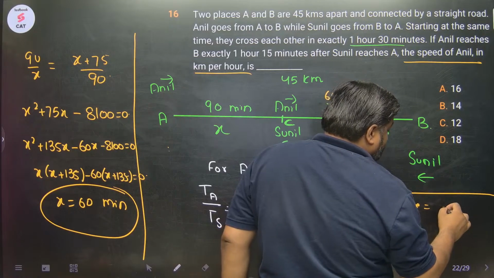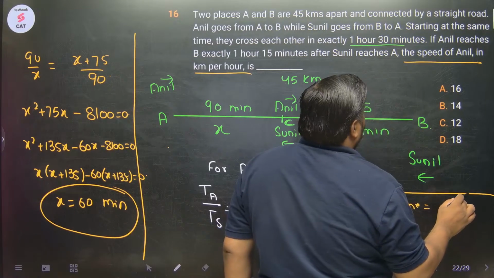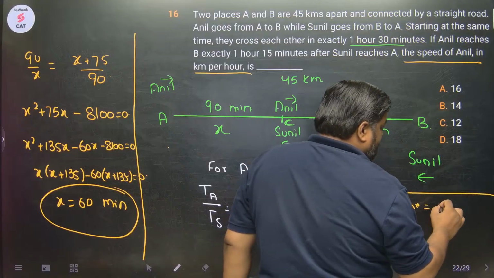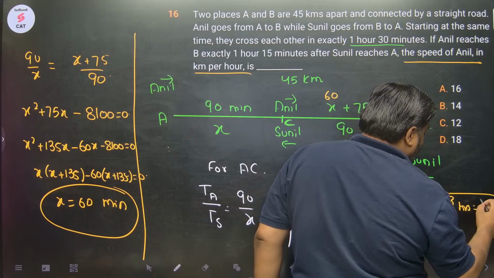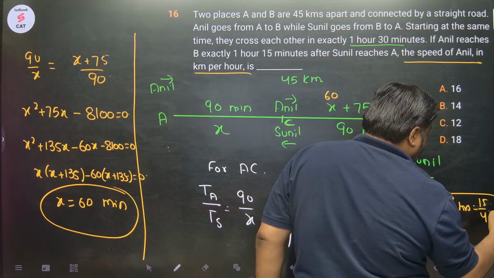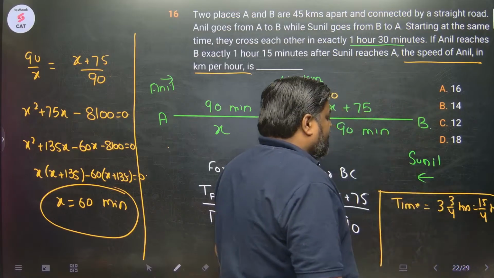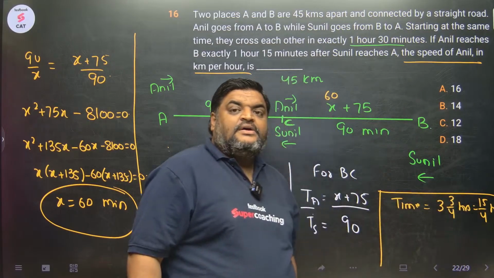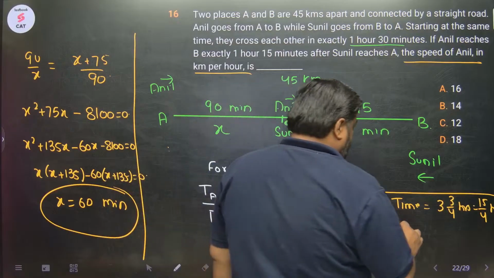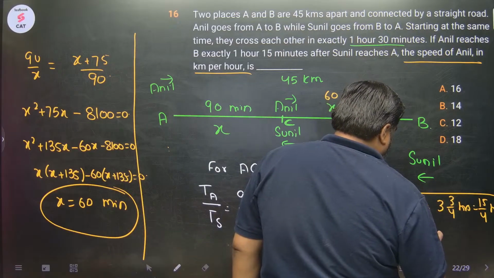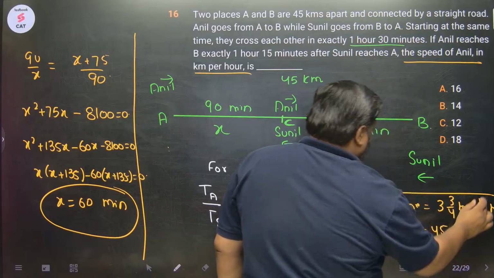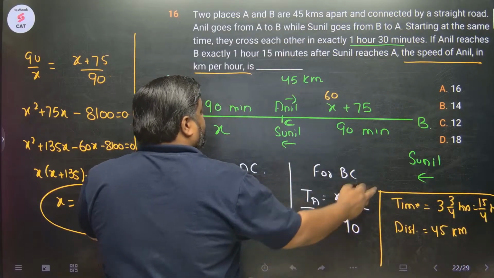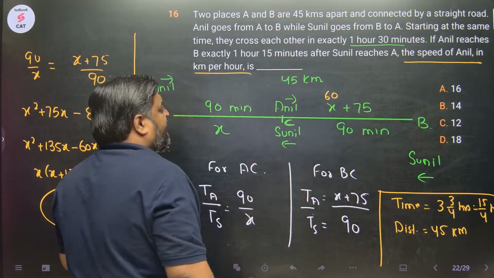This is 3 hour 45 minutes. मतलब 3 3/4 hours or 15/4 hours. है ना? Anil took 15/4 hours to cover a distance of 45 kilometers.